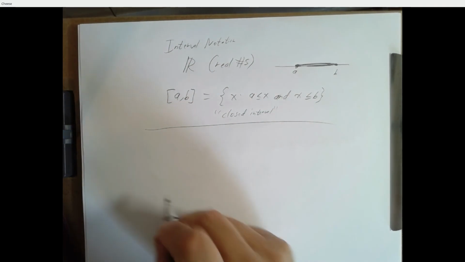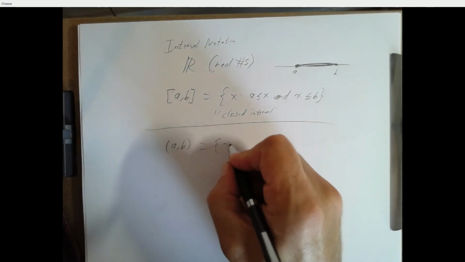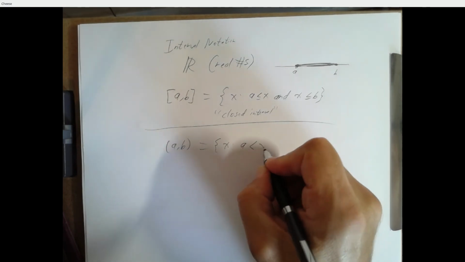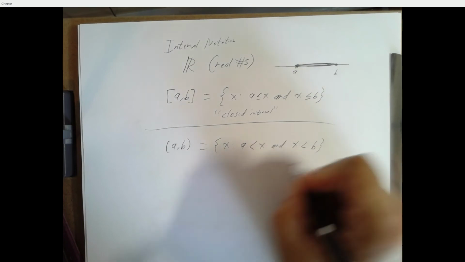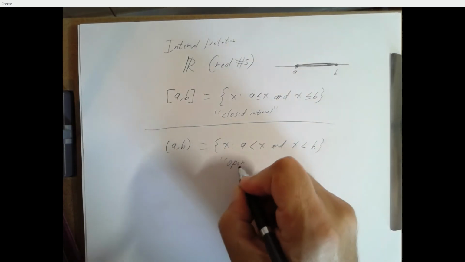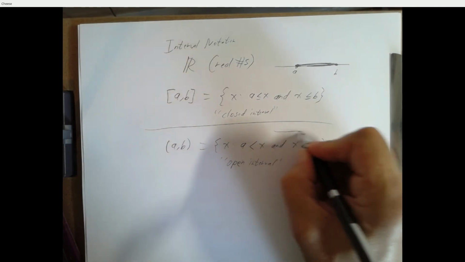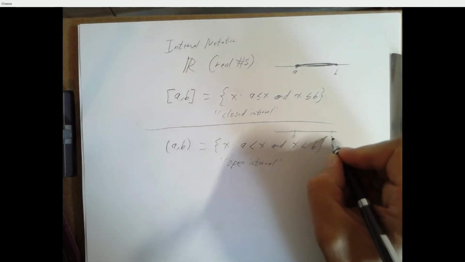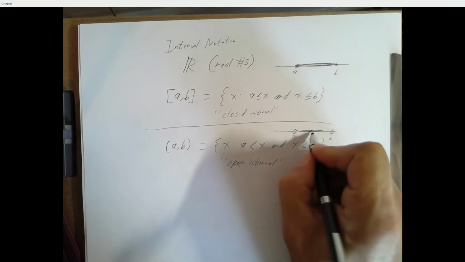The other end of that is something that we call an open interval. This would be the set of all x such that a is strictly less than x, and x is strictly less than b. So that's an open interval. And on a number line, if this is the point a and this is the point b, it excludes those endpoints but includes everything in between.